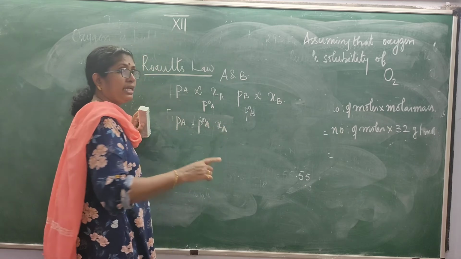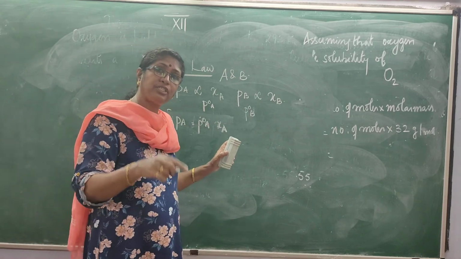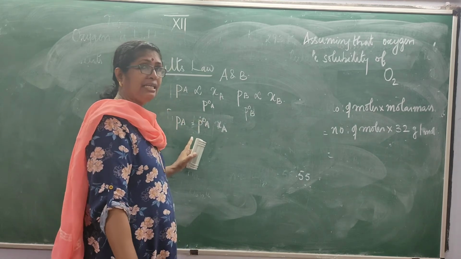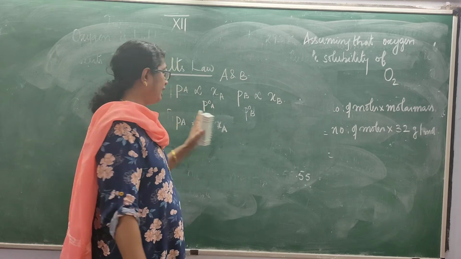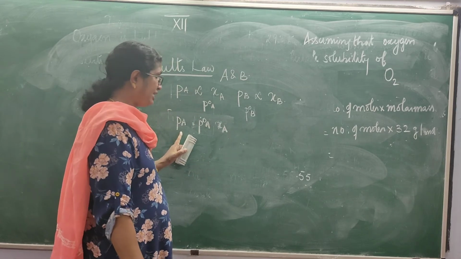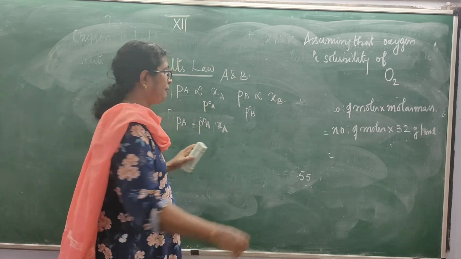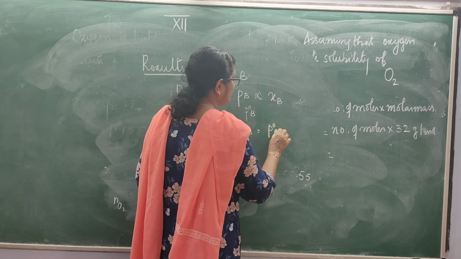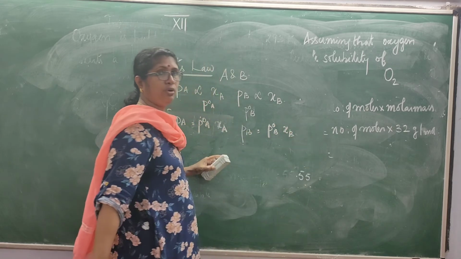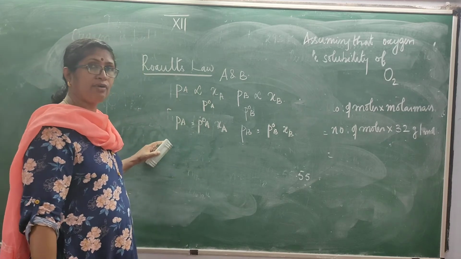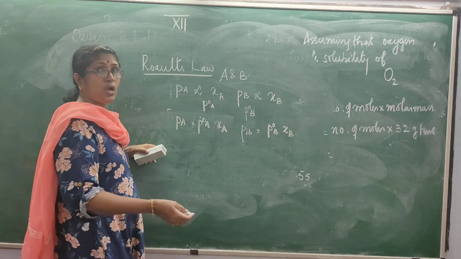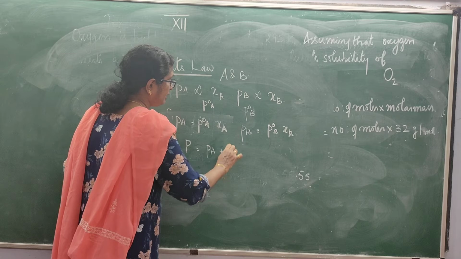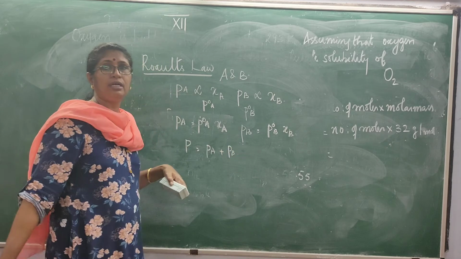The constant is P naught A, because it is the vapor pressure of the pure solvent A. It will not change. So when you add a component B which is volatile, the partial vapor pressure of A is equal to P naught A into XA, and the partial vapor pressure of B is equal to P naught B into XB, if both the components are volatile. Now, according to Raoult's law, the total pressure P is equal to PA plus PB, the sum of the partial pressures of the components.